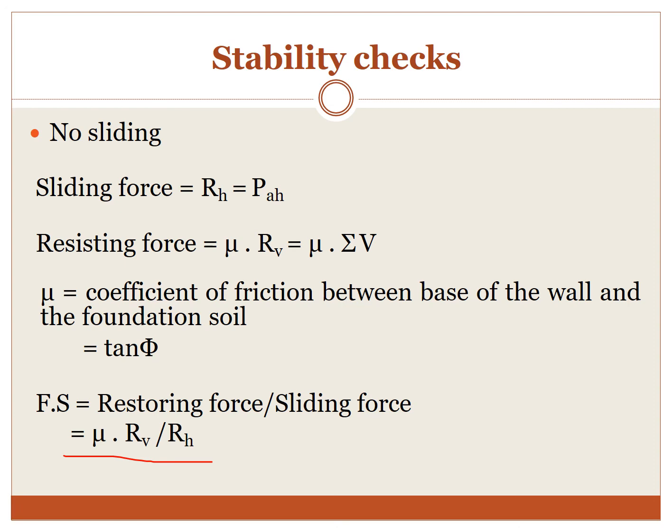A minimum factor of safety for no sliding is taken as 1.5 against sliding, which is generally recommended, where mu is the coefficient of friction between the base of the wall and the foundation soil.